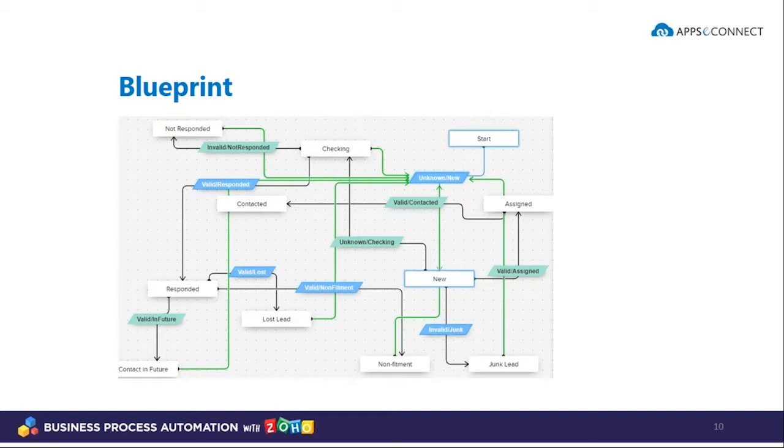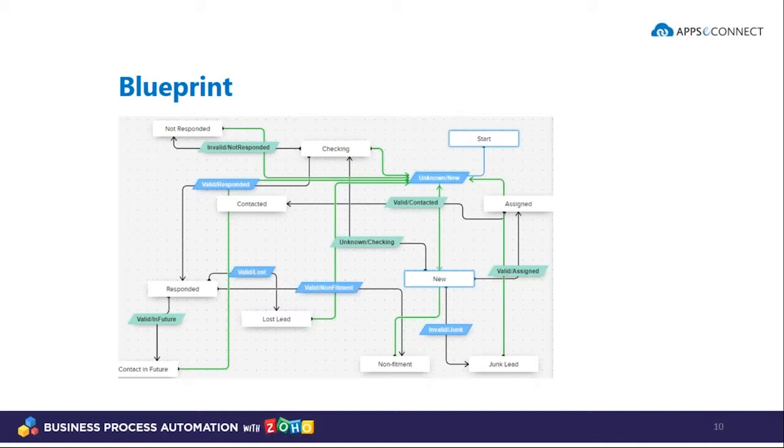It has many conditions as per the stages involved in it. So you can design, you can visually make a diagram of what will happen at what stages of that particular workflow.